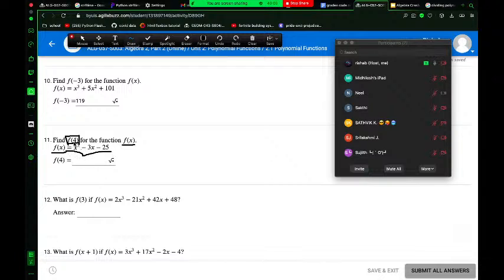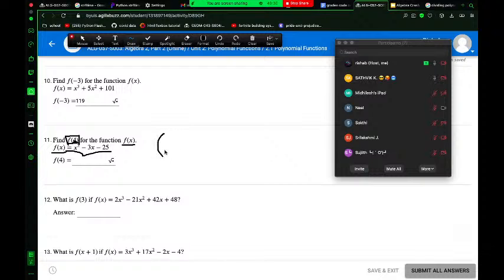So you have to replace x with 4 every time you see an x, and do whatever it says. There's an x squared over here, so you replace x with 4. So you do 4 squared, and then there's an x over here, so you do negative 3 times 4, and then there's no x over here, so you just do minus 25.